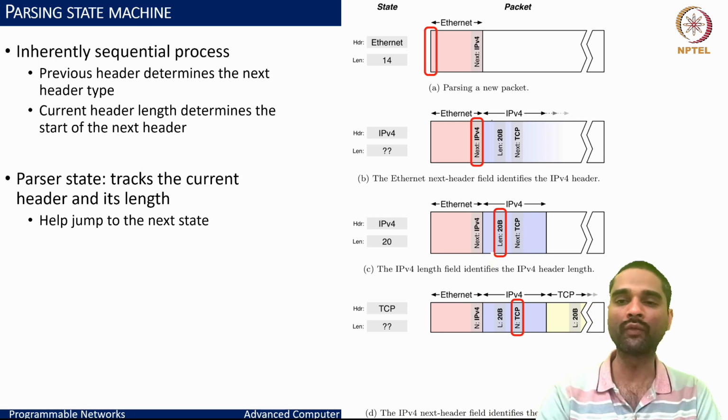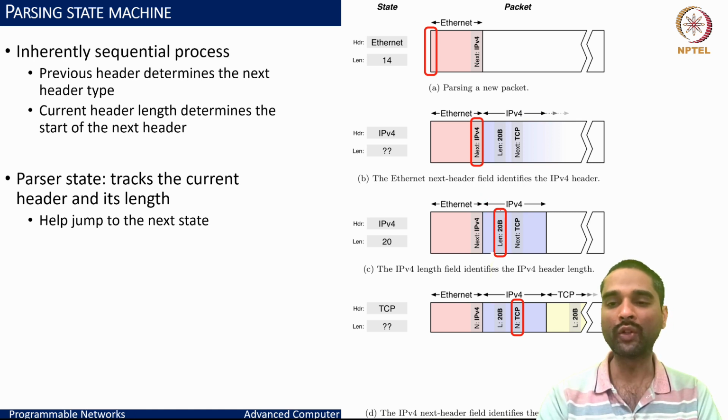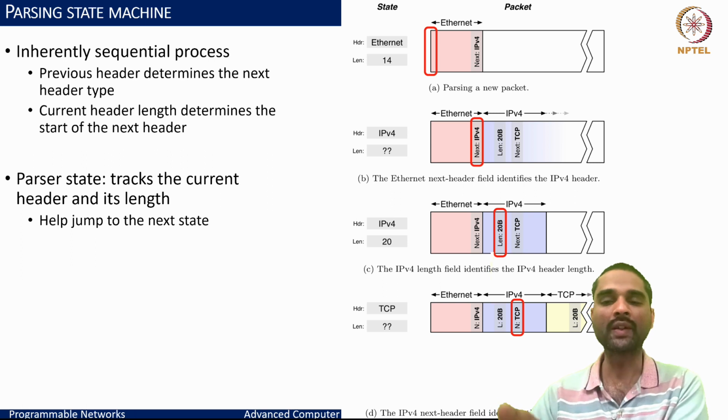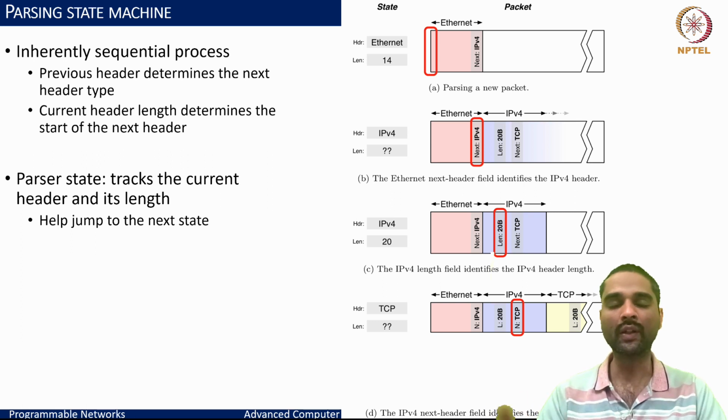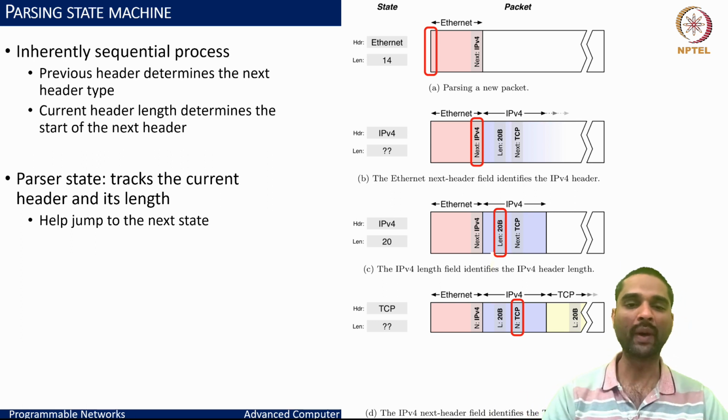After Ethernet, if this were to be VLAN, then the information in the next field would point to VLAN, and we know the bytes that we would want to look for in the next VLAN header as 16 bytes, and then take it from there, varying how we look up different packets.